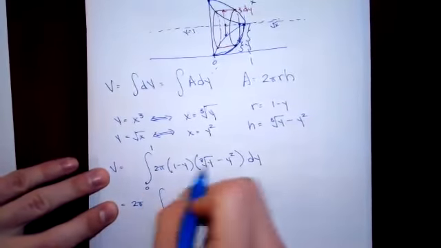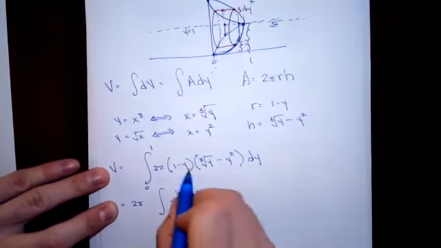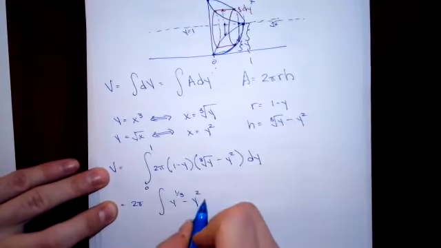Let's see. So we'll have our 2 pi, I've got 1 minus y, times y to the 1/3 minus y squared. So y to the 1/3 minus, that'll be y to the 4/3, and then plus y cubed, dy, from 0 to 1.